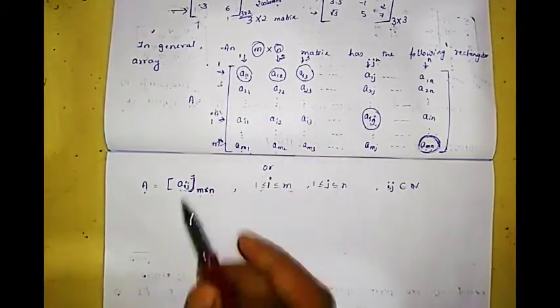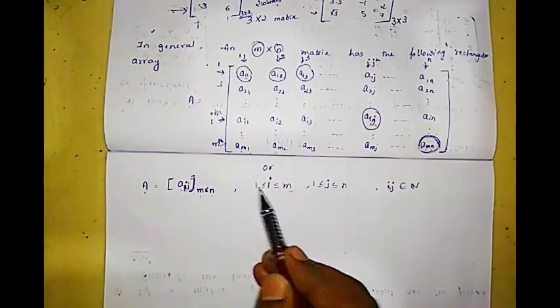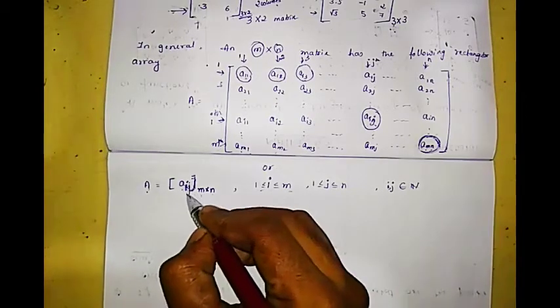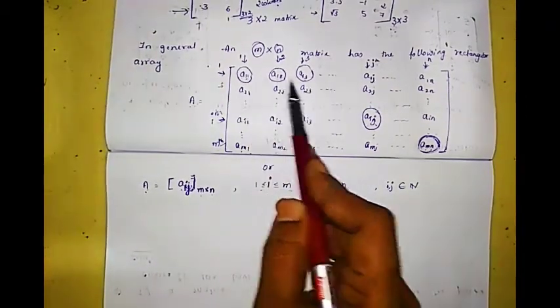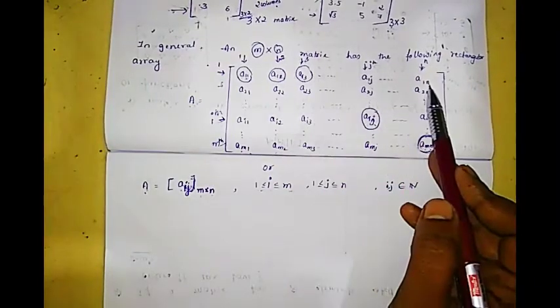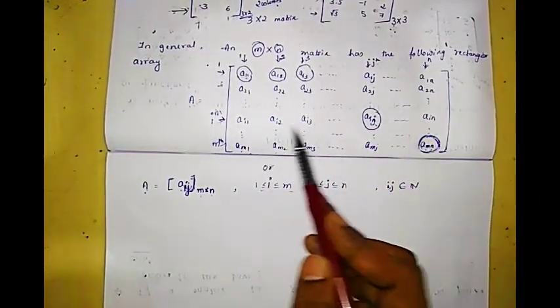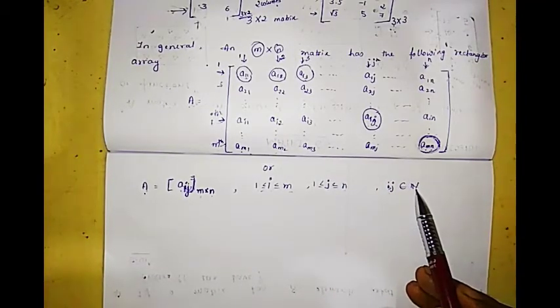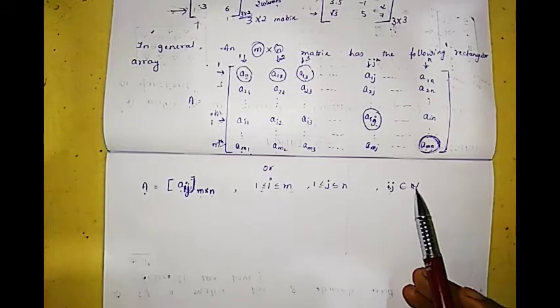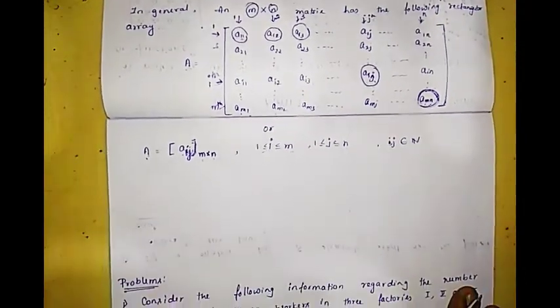And j starts from 1, 2, 3 up to n. Look at the second element in this suffix. So j runs 1 to n, and i and j are natural numbers. Clear? So this is the general representation of an m by n matrix.